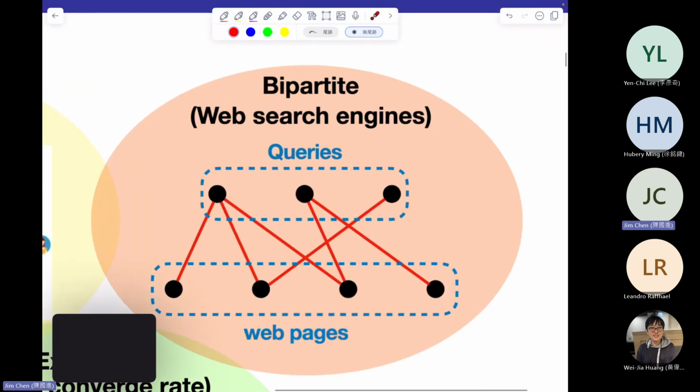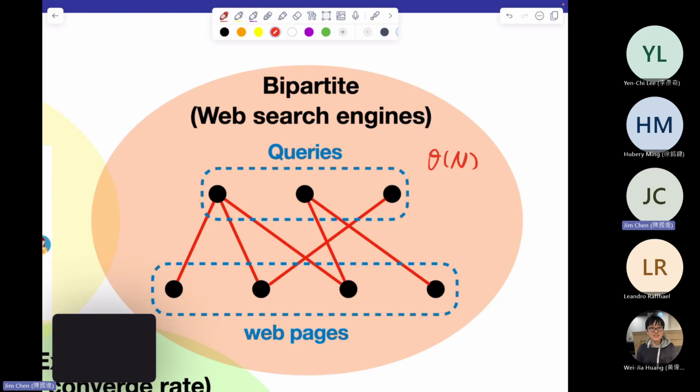So let's go back to the bipartite. Now we are given a graph, and the natural question is, how many queries are required to test whether the given graph is bipartite or not? The answer is we need at least n queries so that we can see whether the graph is bipartite or not in an exact manner.